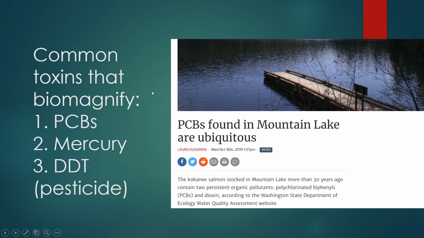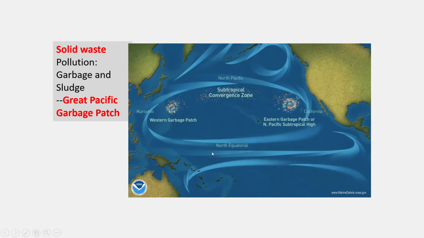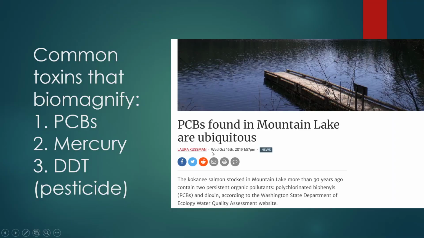Some of the common toxins that we see that biomagnify include PCBs, which are polychlorinated biphenyls, mercury, and then DDT, as we talked about, that pesticide. An example or a case study is Mountain Lake, where PCBs were found in the kokanee salmon, which are stocked there.